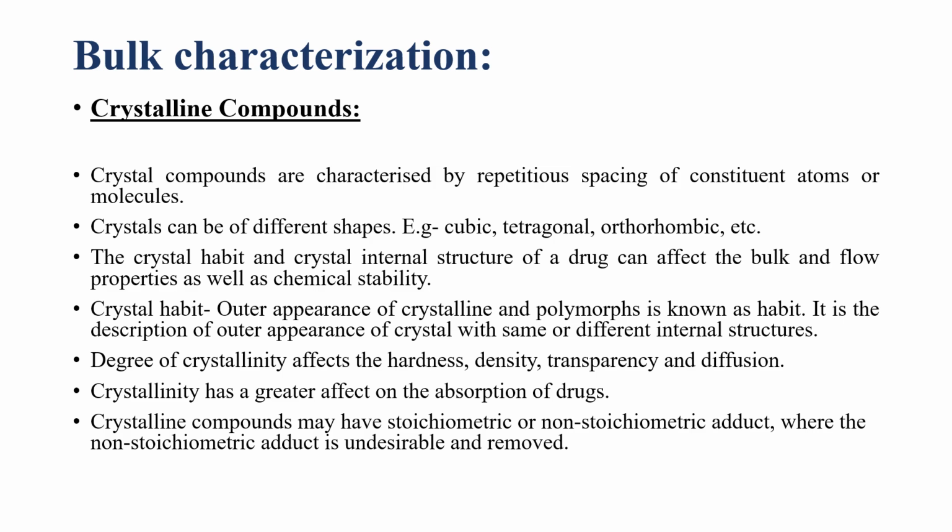Crystals can be of different shapes, for example cubic, tetragonal, orthorhombic, etc. The crystal habit and the crystal internal structure of a drug can affect the bulk and flow properties as well as chemical stability. So an important part here is crystal habit.